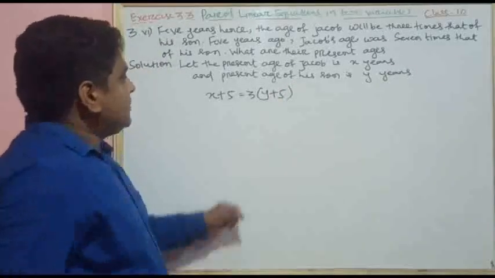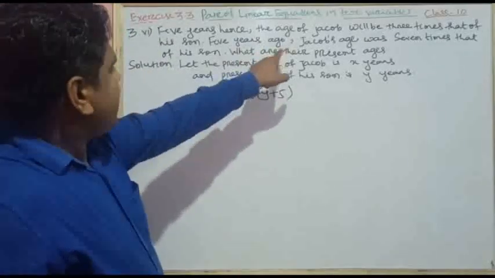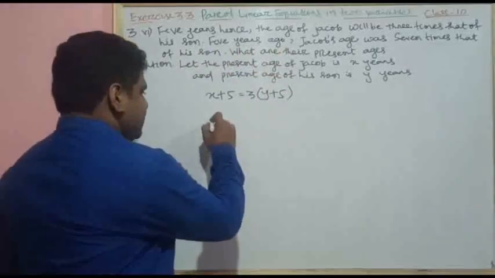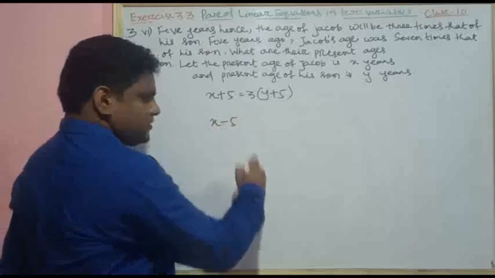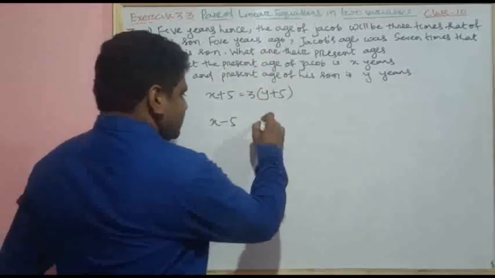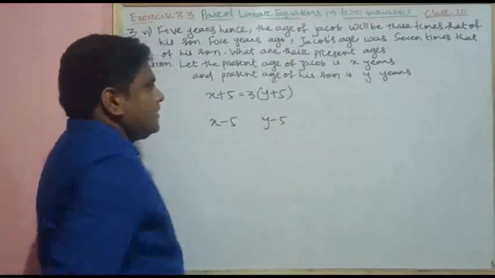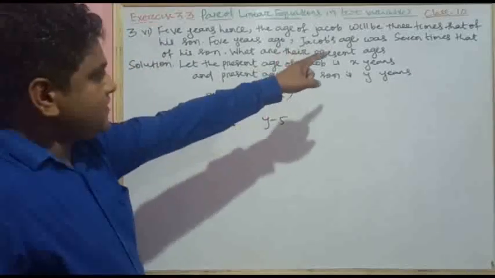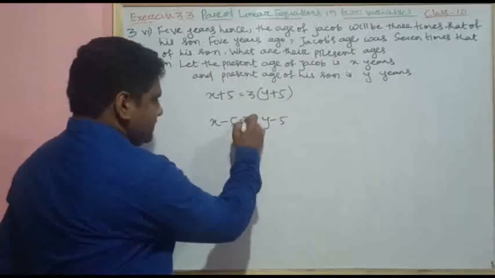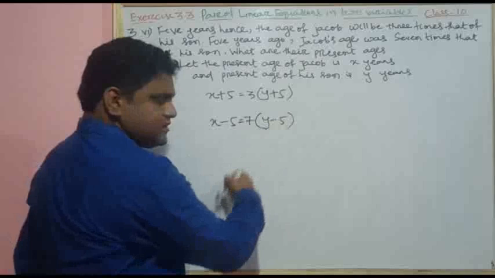And another one is 5 years ago. 5 years ago Jacob was x minus 5 years old and his son was y minus 5 years old. The question says Jacob's age was 7 times that of his son.